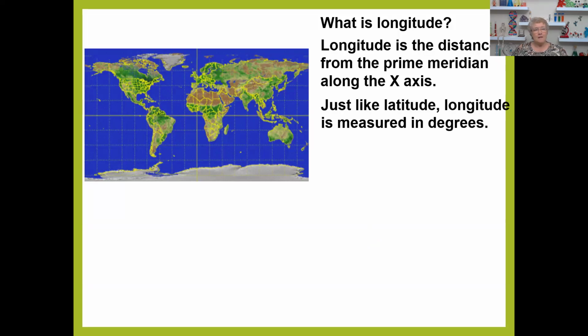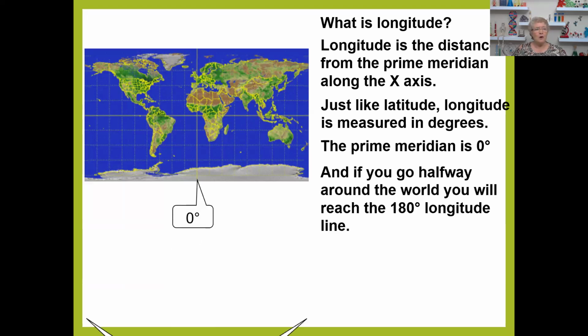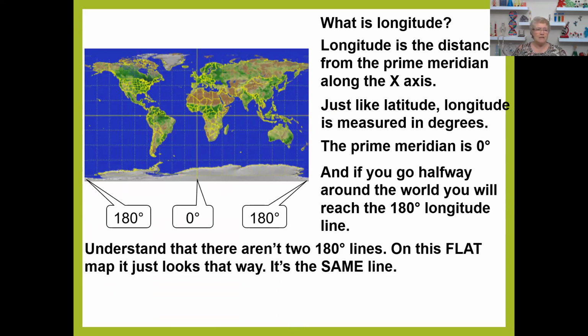Good. So just like latitude, longitude is measured in degrees, and the prime meridian, just like the equator, is 0, right there. If you go halfway around the world, you're going to reach the 180-degree longitude line. Now, understand, there aren't 2 of them.